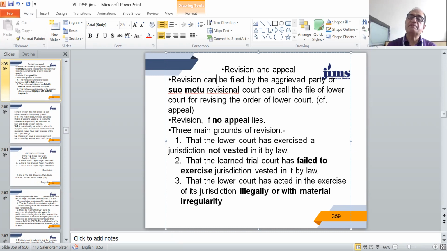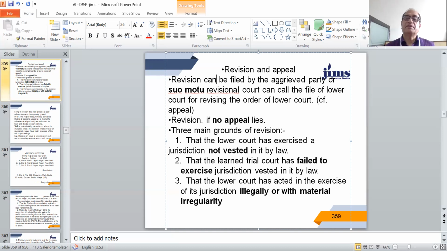Suppose a civil judge junior division has jurisdiction to decide cases up to 5 lakh valuation in UP, and he has decided to decide a case worth rupees 1 crore valuation and has passed certain orders. So you can say that the lower court has exercised a jurisdiction which was not vested in him by law. Because law says that you cannot hear a case whose valuation is beyond 5 lakh rupees.